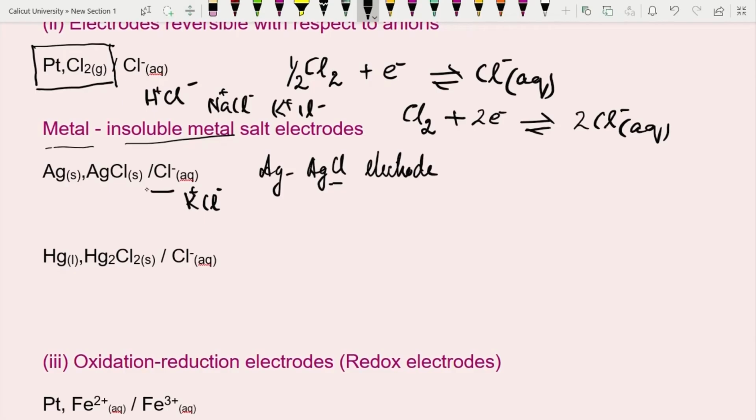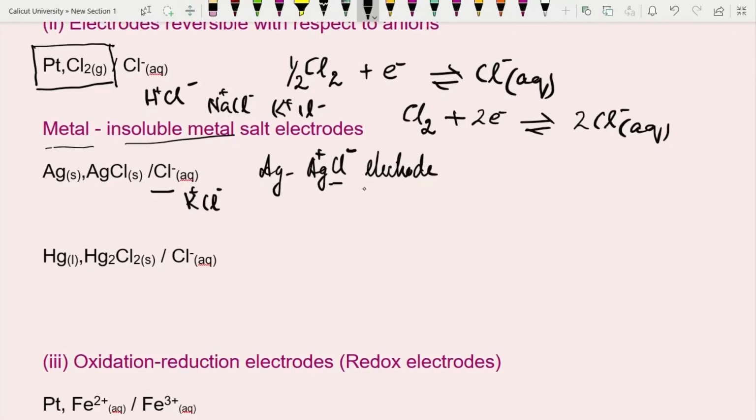Now, for the silver chloride electrode, you have to check how we can write the electrode reaction. The electrode reaction, I told you, should always be in the reduction form. So, we will check both the sides. One side we have silver chloride, the other side we have chloride ions. Silver chloride means this is Ag plus and Cl minus. One more factor we have to consider: whenever you write an electrode reaction, there should not be any extra element other than what is shown in the electrode.